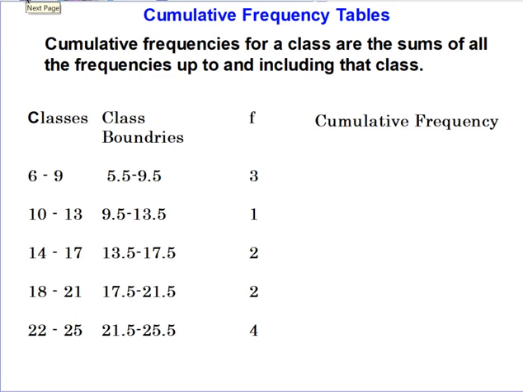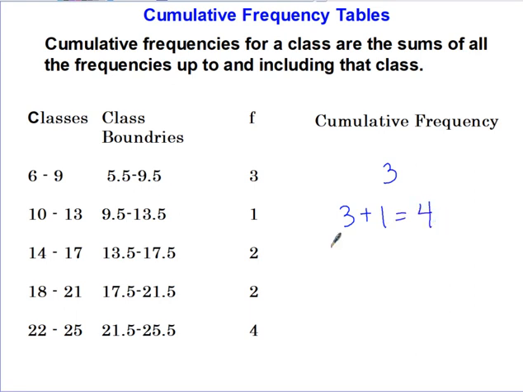Cumulative frequency table. Cumulative just means all added together, so that's each class's frequency summed with the frequencies of all the previous classes. Again, same data. I put my class boundaries up there again for a reason, and I'll talk about that in a little bit. The cumulative frequency in my first class starts off with 3. My second class takes the 3 plus the 1 that's in that second class, so now I have a combination of 4.